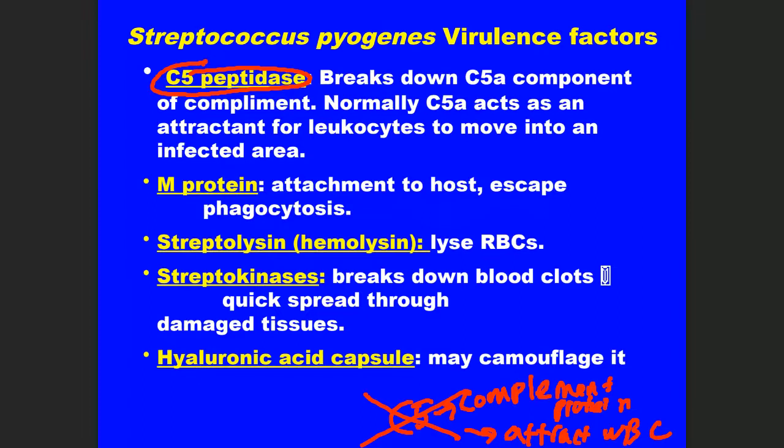Strep pyogenes also has within its cell wall a protein called the M protein, which helps it escape phagocytosis. What makes it beta hemolytic, able to lyse red blood cells, is that it produces a toxin, an enzyme called streptolysin, or in some textbooks, a hemolysin, right?